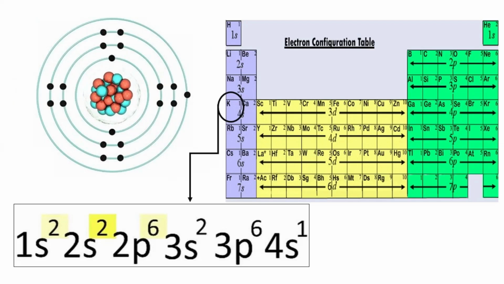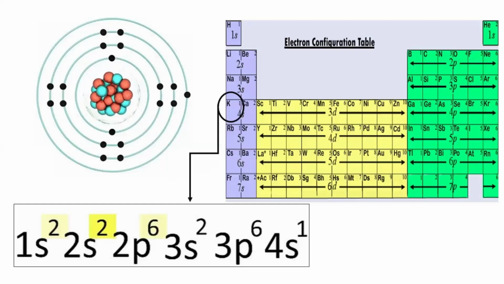We know the third energy level has S, P and D, but that remaining electron does not fill the D subshell. Rather, it goes to the next energy level, the fourth energy level, because the energy is slightly lower than the D subshell.